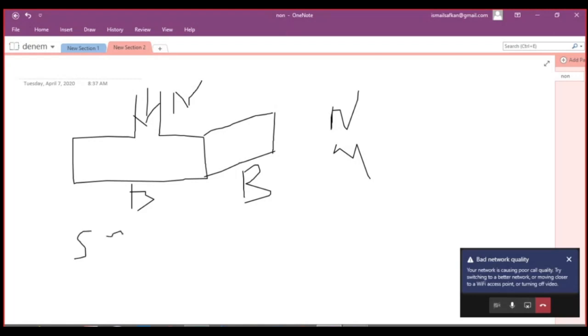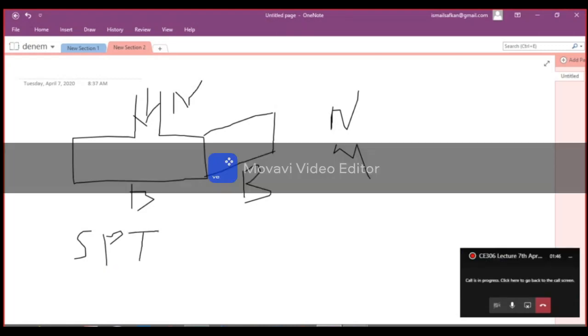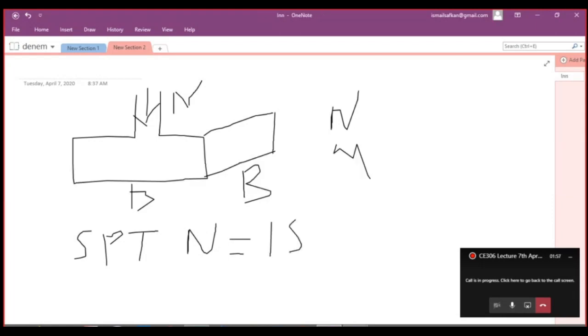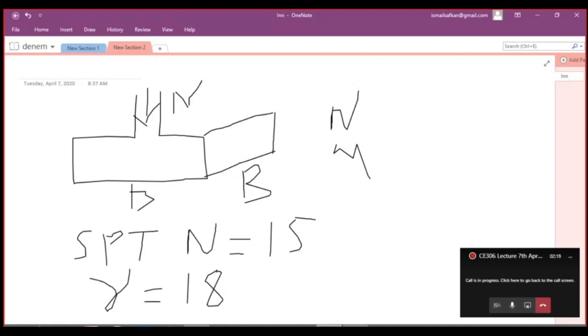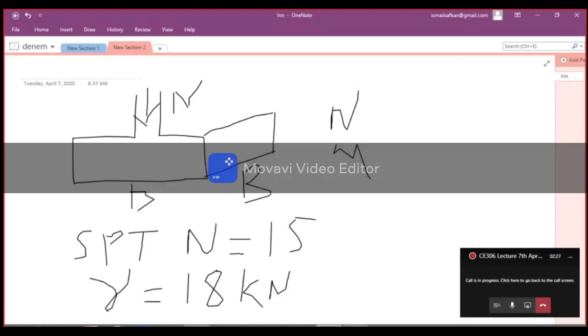SPT N is 15. And gamma 18. And let's assume there is no water table. Meter cube.